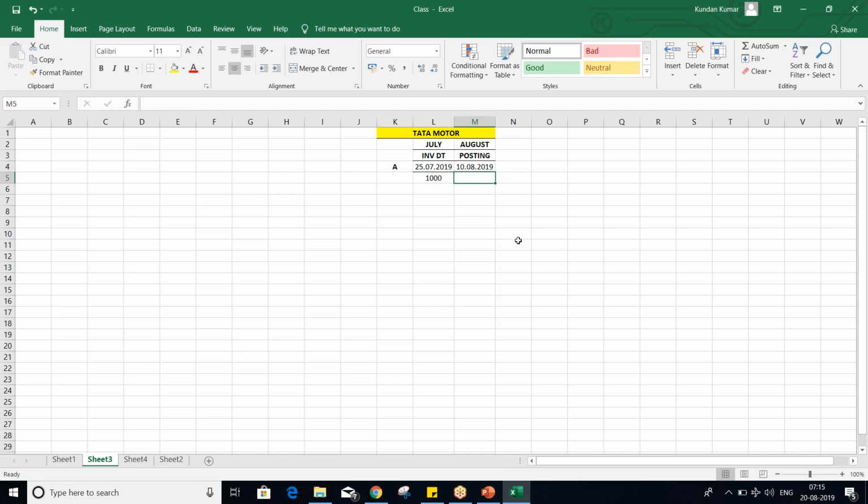In August month, it's already in progress. Okay, now this is the total invoice amount, let's suppose. On this invoice amount, whatever service-related invoices and all, TDS got deducted, let's suppose 10%, it means 100 rupees.